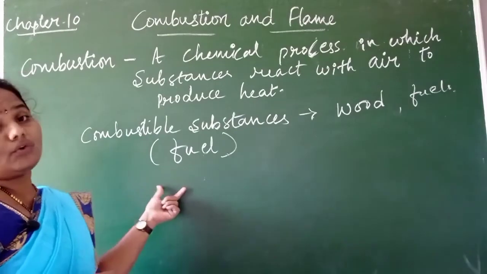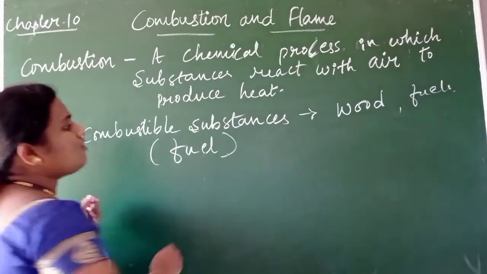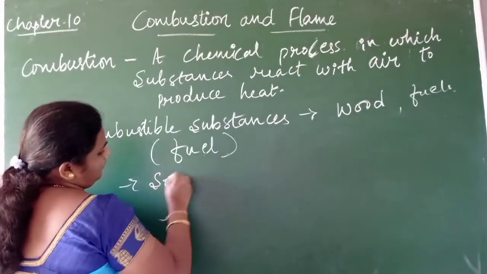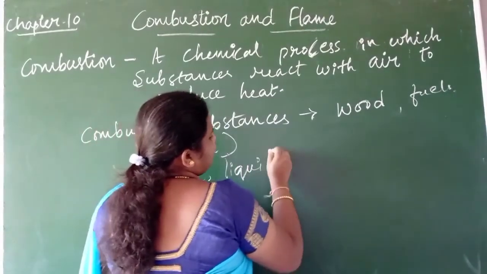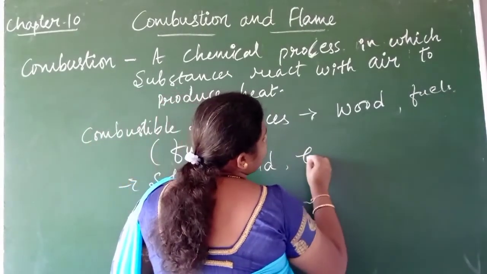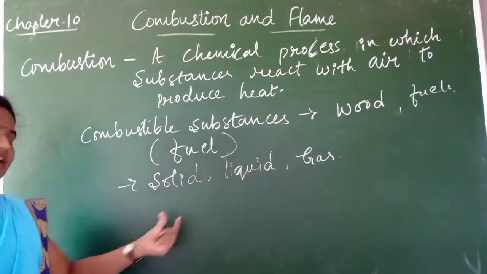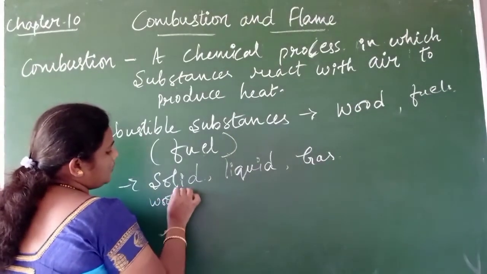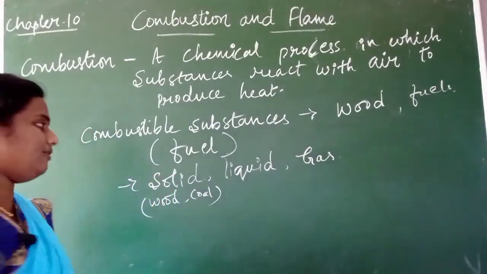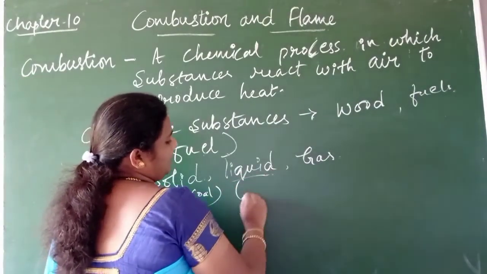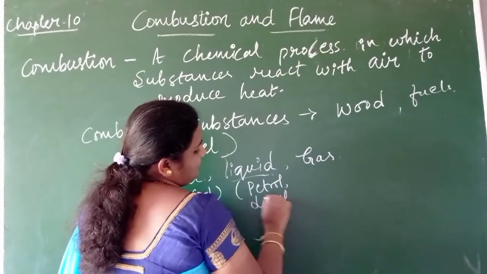One thing we want to note here, children: a combustible substance or fuel might be in the form of a solid, a liquid, or a gas. Solid fuels, for example, are wood and coal.